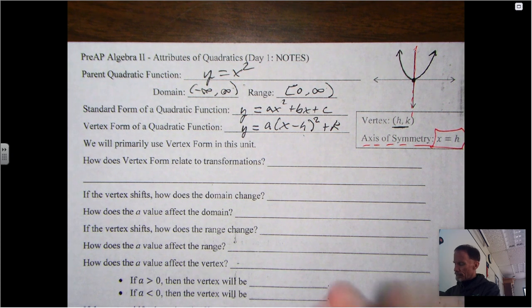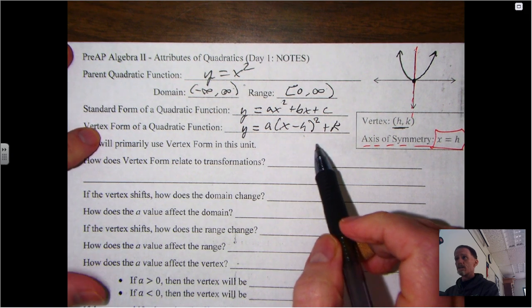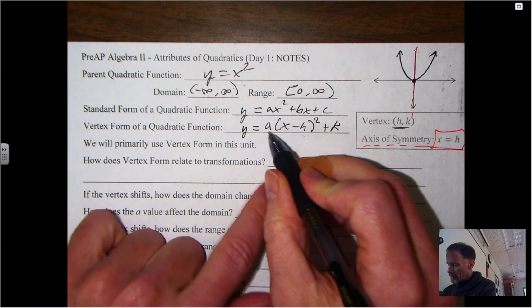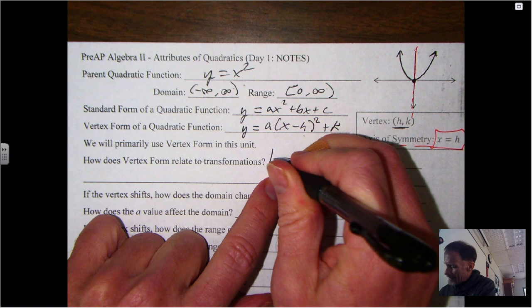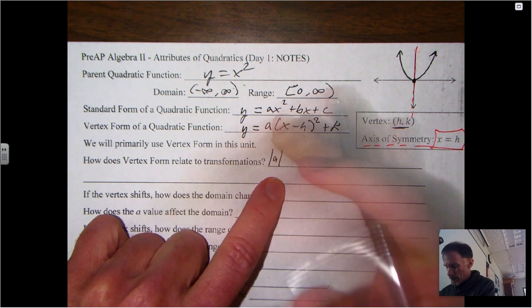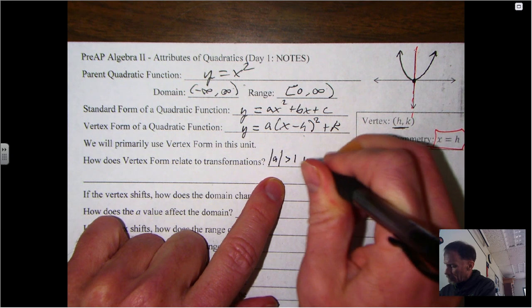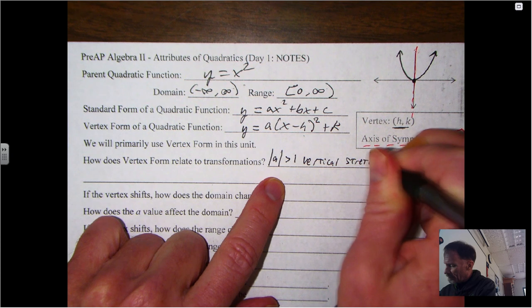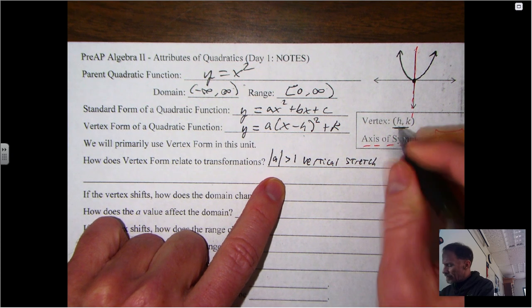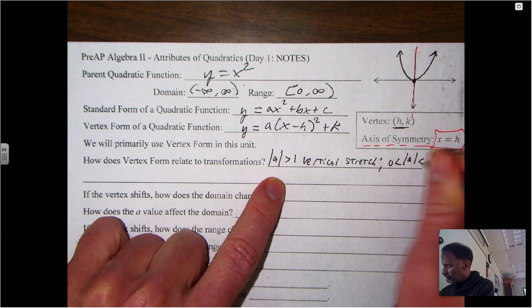Okay, so let's remember what this means in terms of transformations. The a value does a couple things. First of all, if the absolute value of a, just the number itself, is greater than 1, then it is a vertical stretch. And if it is between 0 and 1, then it's a vertical compression.